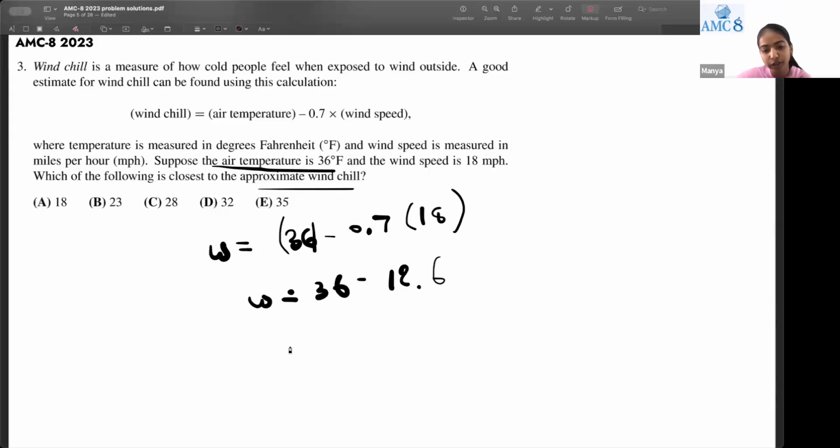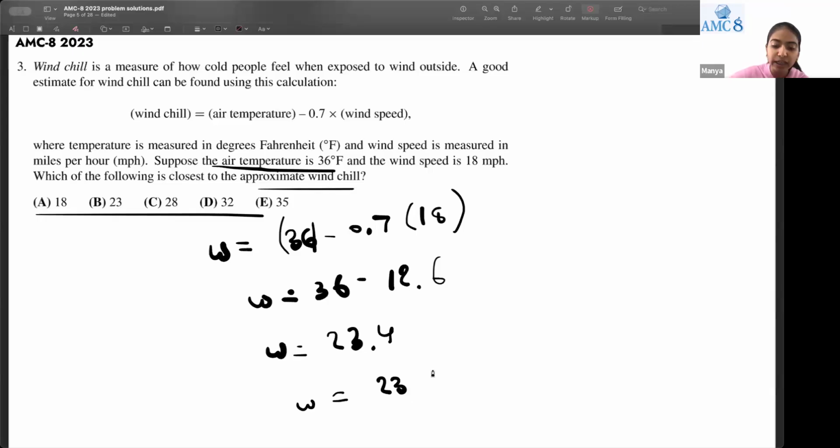So wind chill is equal to 36 minus 12.6, which is approximately 23.4. Which of these answer choices is closest to 23.4? If we round to the closest integer, wind chill is approximately 23. And so 23 would be our final answer, and that's how we got answer choice B.